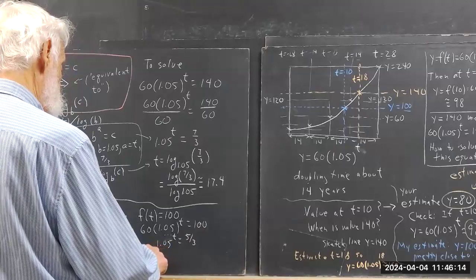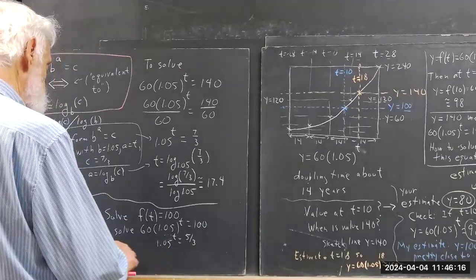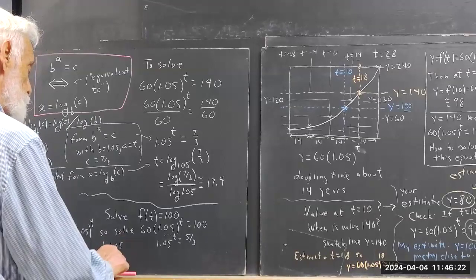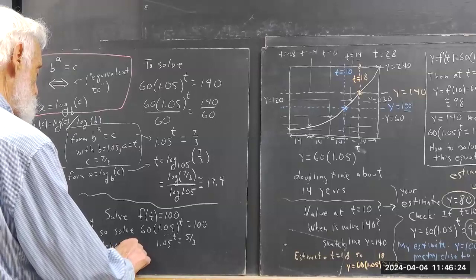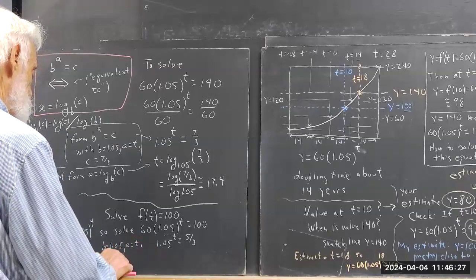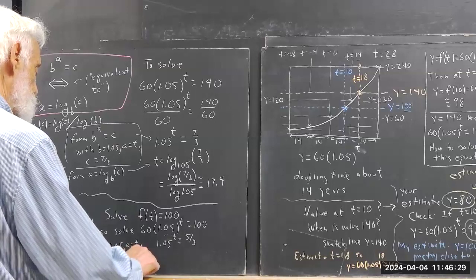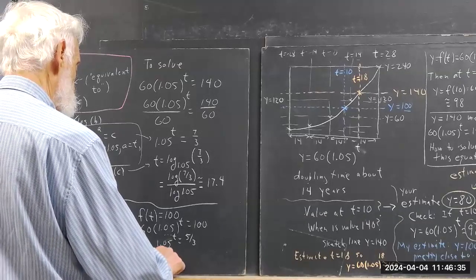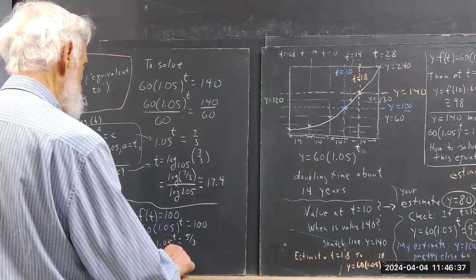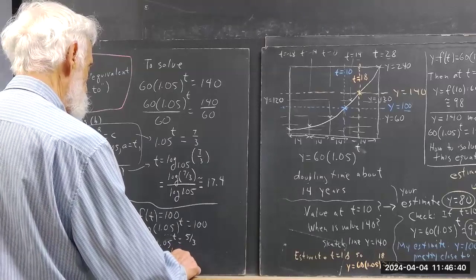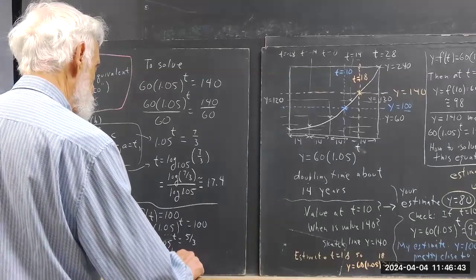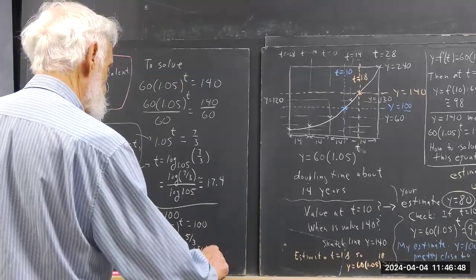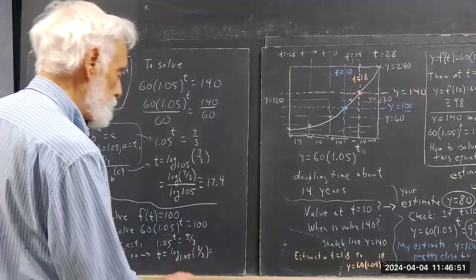So that B is 1.05. A is t. C is 5/3. So t equals log to the base 1.05 of 5/3, which equals what?